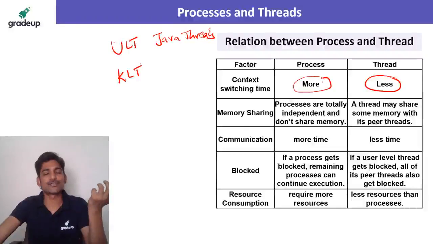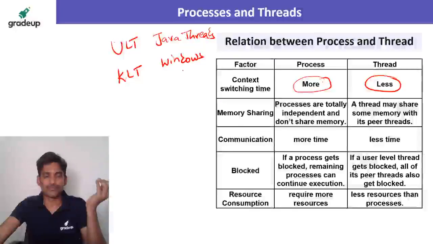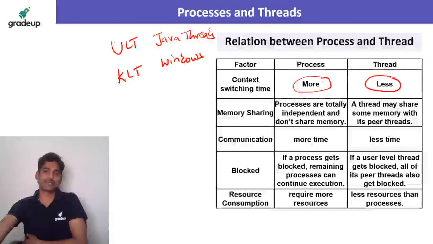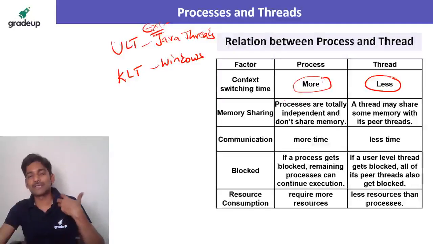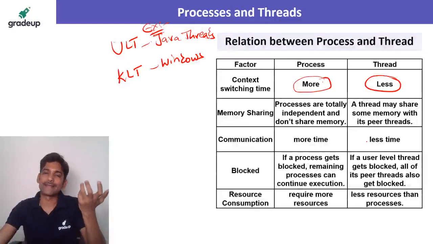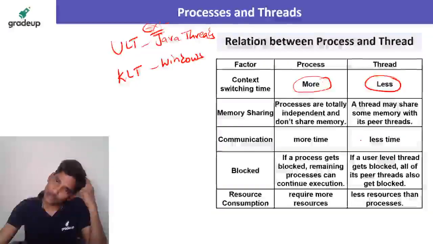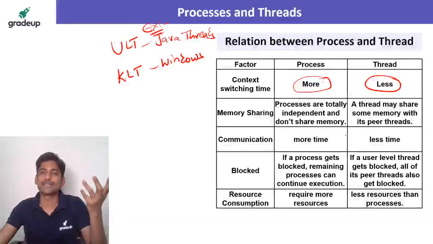Kernel level threads are system threads, like operating system, like Windows, operating system related threads we can call as kernel level threads. So to switch from one thread to another thread, obviously it takes less time because it is lightweight, means of a small module. But to switch from one process to another process, definitely it takes more time.